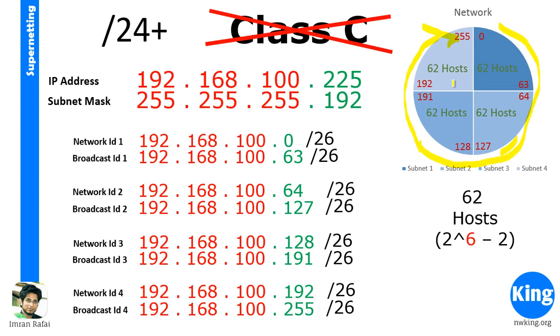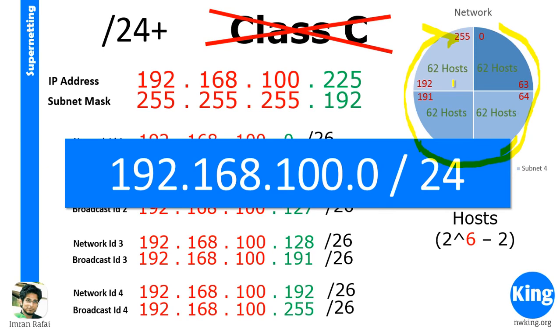Now we broke it down into 4 networks: 192.168.100.0, 100.64, 100.128, 100.192, all /26. But if we didn't break it, we could represent all these 4 subnets by representing it as /24, as 192.168.100.0/24. It includes all these 4 subnets, right?